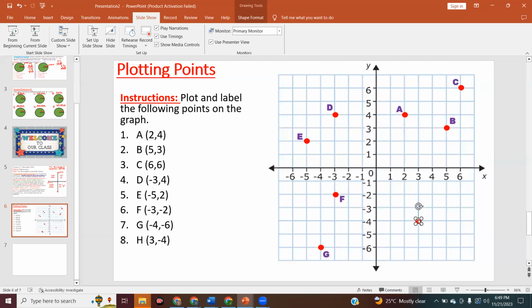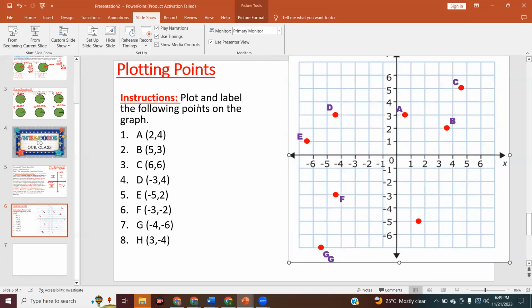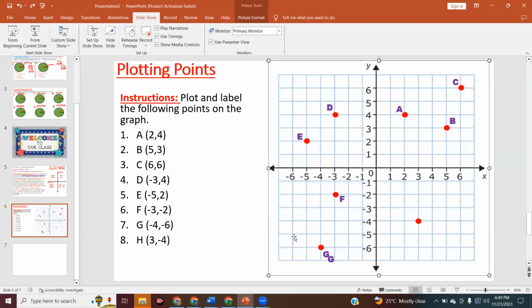Perfect. Looks easy, right? Sure. And we're gonna label this as what? H. Which quadrant is the point A in? Quadrant 1. Which quadrant is F?